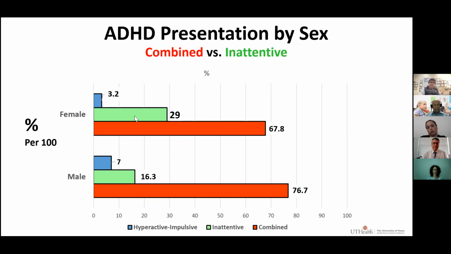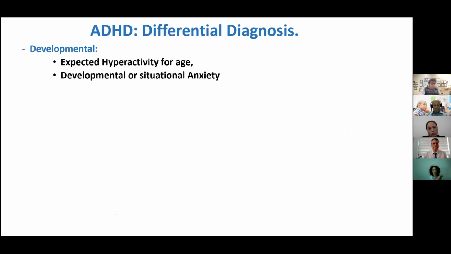You have different patterns of presentation between boys and girls, although the combined presentation is the most frequent in females, but you still have the inattentive presentation that is quite frequent, almost a third of the girls.